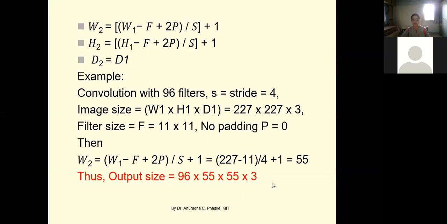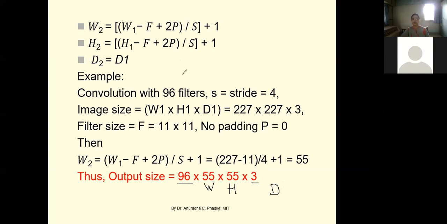Okay, so now let us proceed to the next slide. I think all of you understand how we have derived the resultant image size. Let me annotate this. This 55 represents the image width, this second 55 represents the image height, and this 96 multiplied by 3 represents the image depth. Image depth is 96 multiplied by 3.